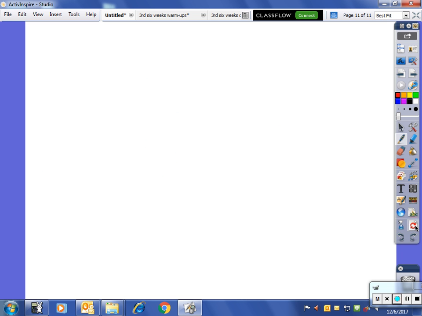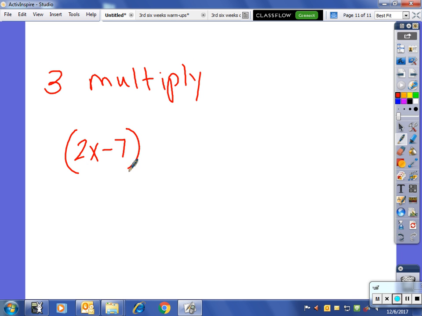Now, there will be 3 problems on just multiplying using FOIL, like 2x minus 7 squared. And the reason why kids miss this one is because they don't use FOIL.